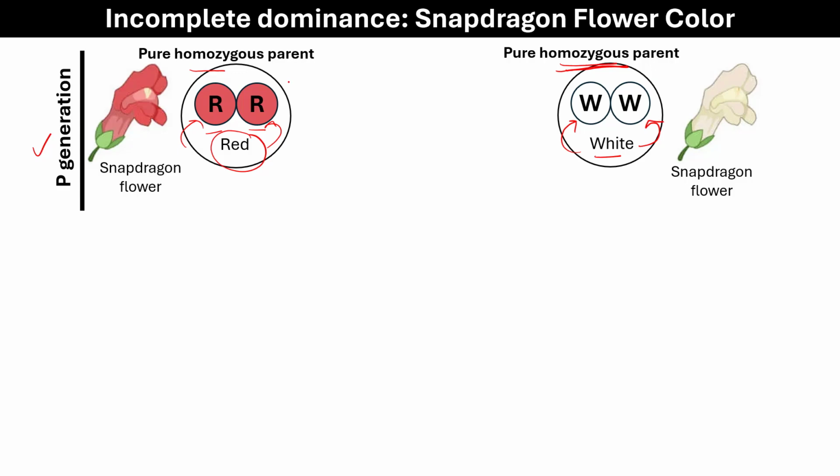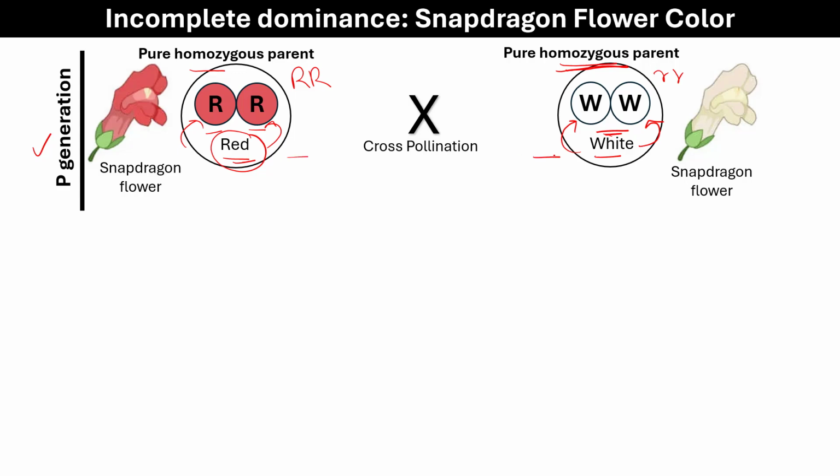You would notice that we are not representing them as capital R and small r, because we want to establish here that it's not like red is dominant over white or white is dominant over red. So let's see what are the phenotypes in the next generation.